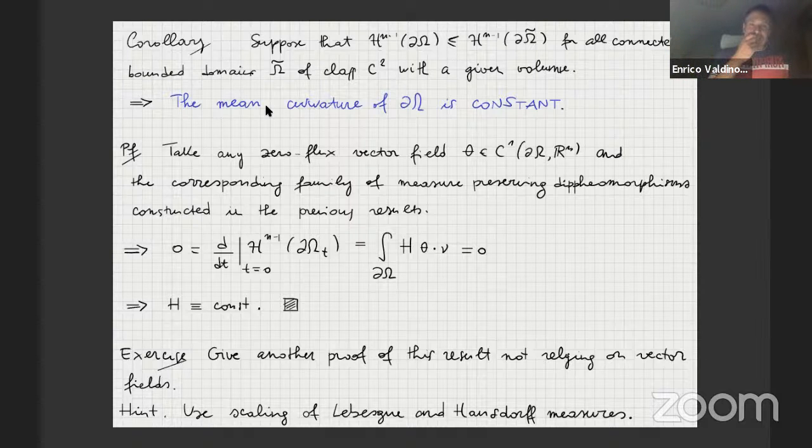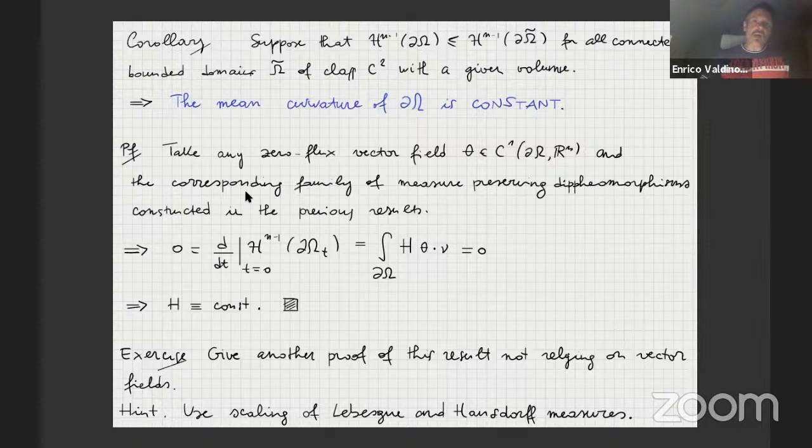Well, I can say that the mean curvature is necessarily constant. And the proof is simple because you take a zero flux vector field along the boundary of omega, and you use the first lemma to construct a family of measure-preserving diffeomorphisms.